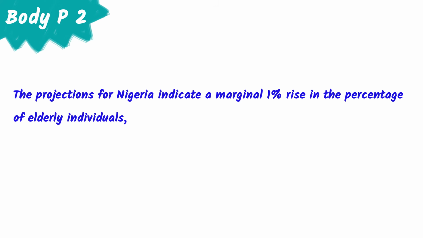So anyone without having the chart who reads this sentence understands, because in the previous paragraph he or she knew about the percentage of elderly individuals. So I only write the difference here. 1% rise in the percentage of elderly individuals.